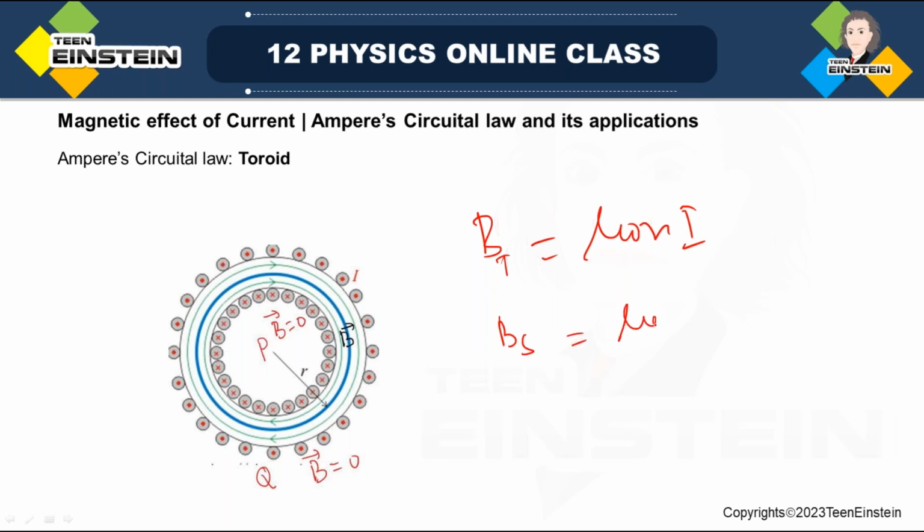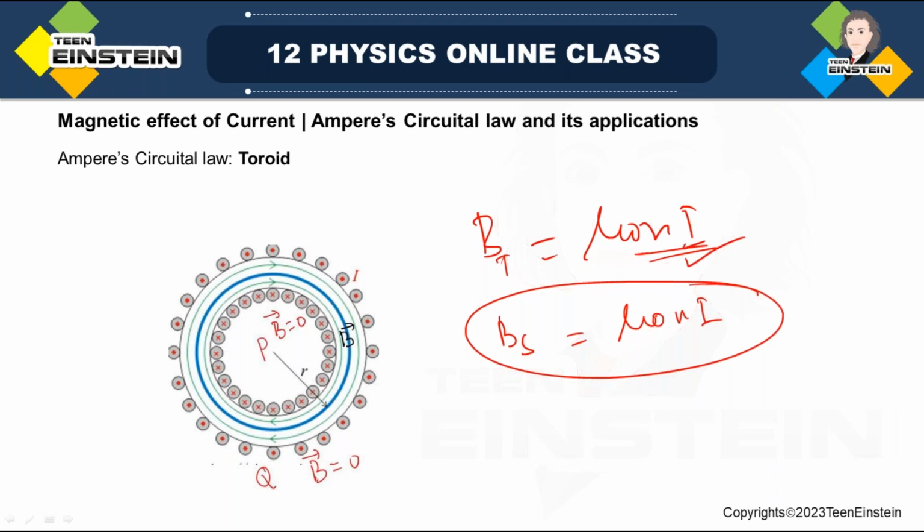So both are actually the same. This is the number of turns per unit length, this is the current in the coil, and here also the same thing. So this is for solenoid and this is for toroid. This is one similarity.